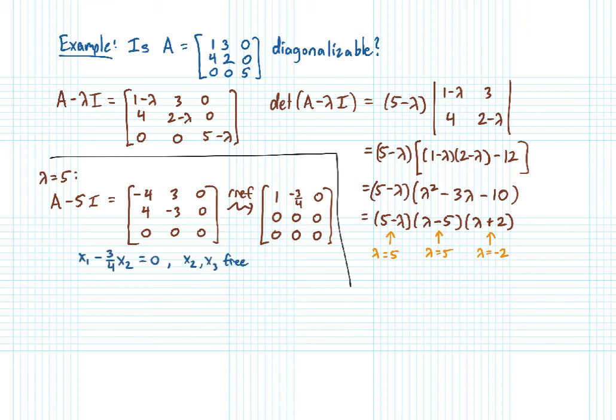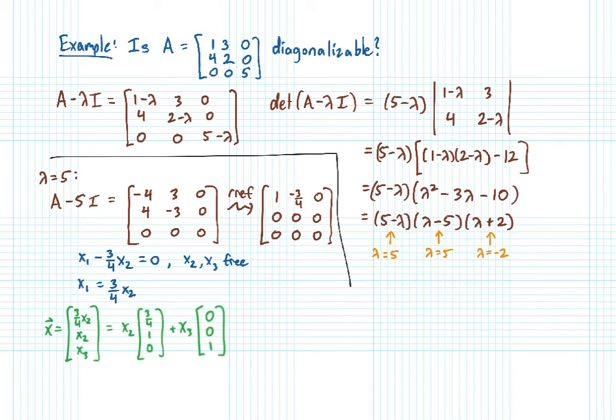Okay, so here you have the one equation, x1 minus 3/4 x2 equals 0, with x2 and x3 both being free. So then that means that x1 is 3/4 x2. And so as a vector, the solution is (3/4 x2, x2, x3). And you can split that up into an x2 part and an x3 part, which gives you your two linearly independent eigenvectors.